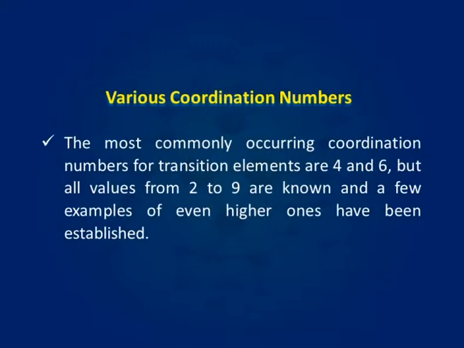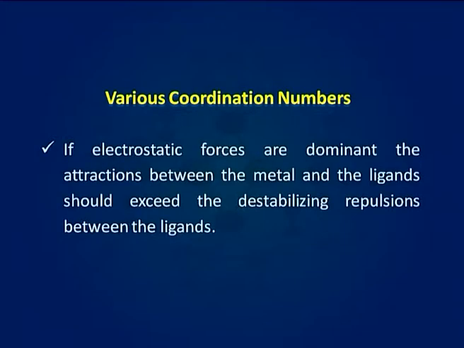Now we will discuss the most important factors determining the most favorable coordination number for a particular metal and ligand. If electrostatic forces are dominant, the attractions between the metal and the ligands should exceed the destabilizing repulsions between the ligands.